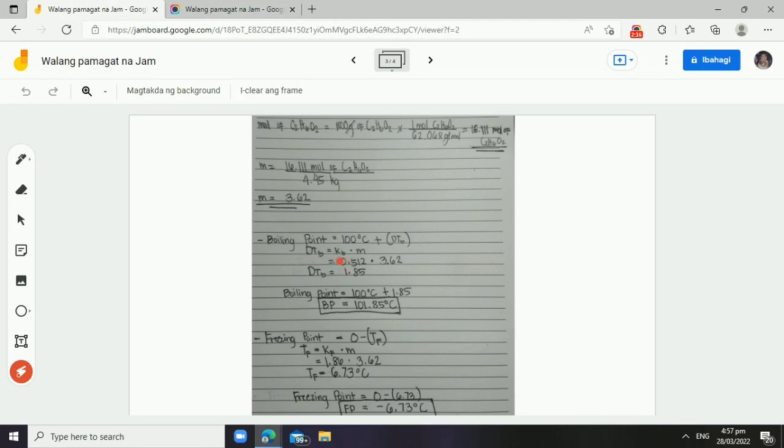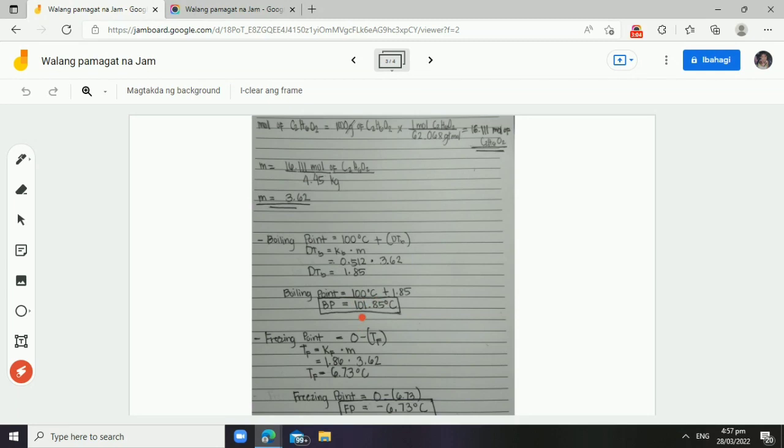Dahil ang boiling point constant ng water natin is 0.512 multiplied by 3.62, which is our molality, ang makukuha natin is 1.85. And dahil ang boiling point ng water is 100, i-add lang natin yung 100, na makakuha tayo ng 101.85 degrees Celsius as our boiling point.